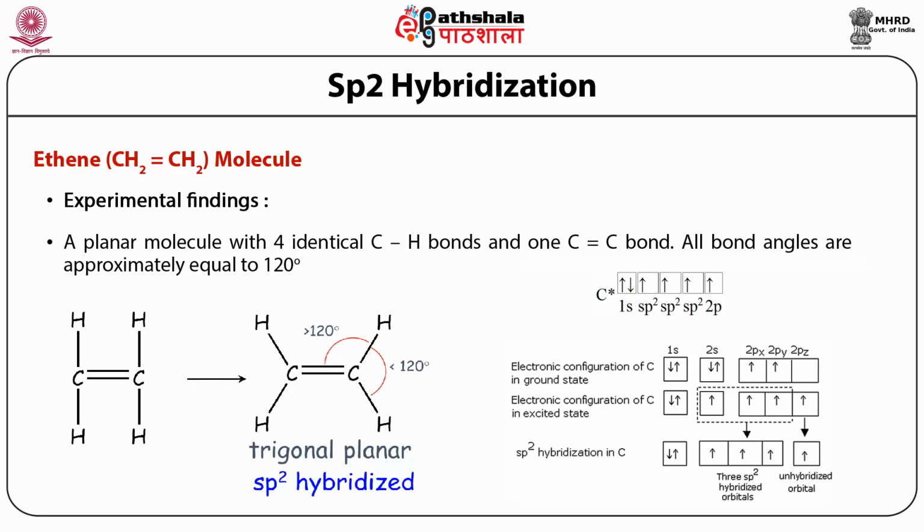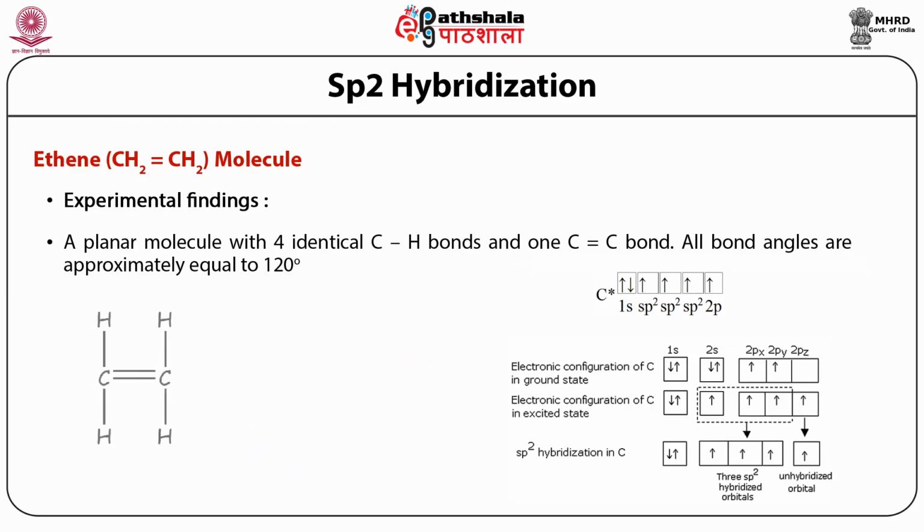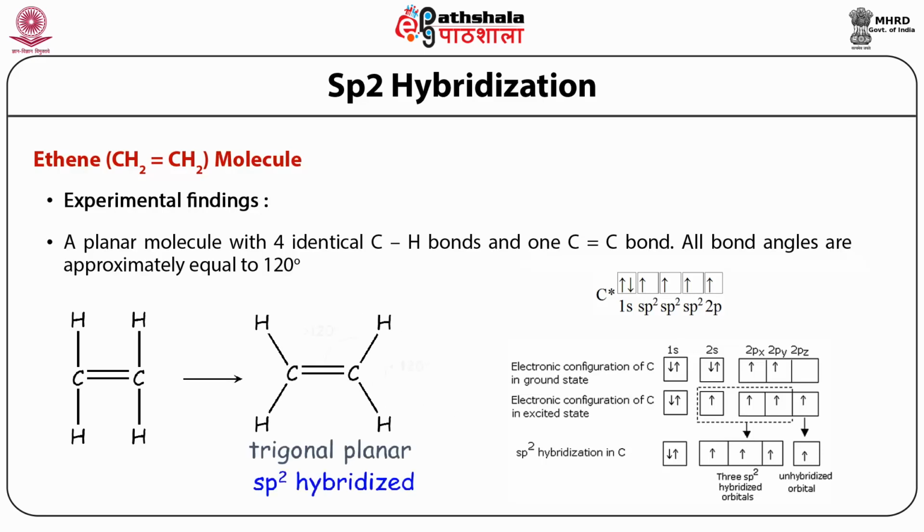In sp2 hybridization, the 2s orbital is mixed only with 2 of the 3 available 2p orbitals, forming a total of 3 sp2 orbitals with 1 remaining p orbital.